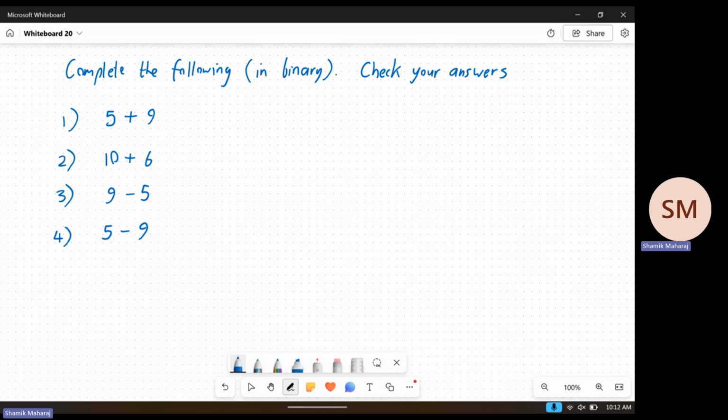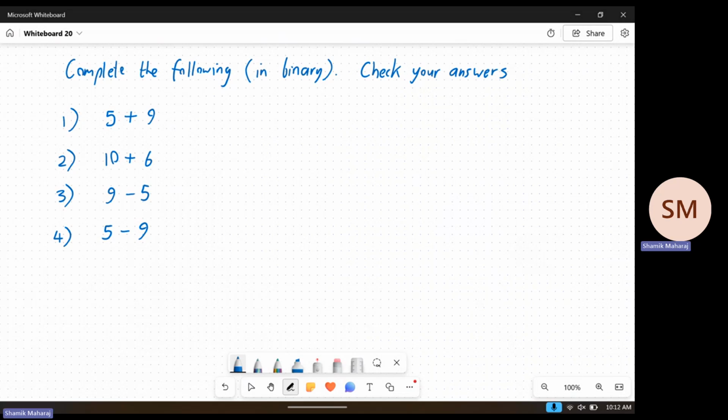Okay, guys, let's get started. So we're getting started with 4 examples, which is a bit of a recap from last time. The last thing we did was showing how to add and subtract numbers in binary, starting with decimal, because in decimal these things are easy. For example, number 1, we know the answer is 14. We do this in binary.